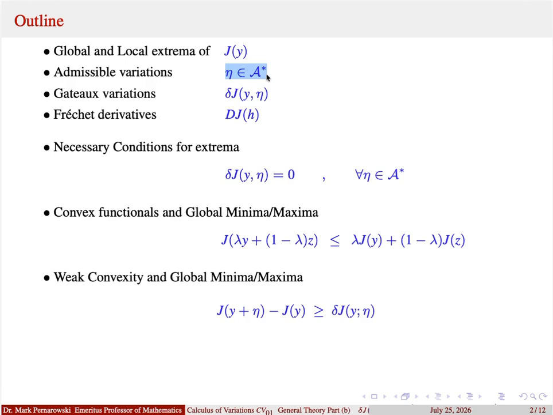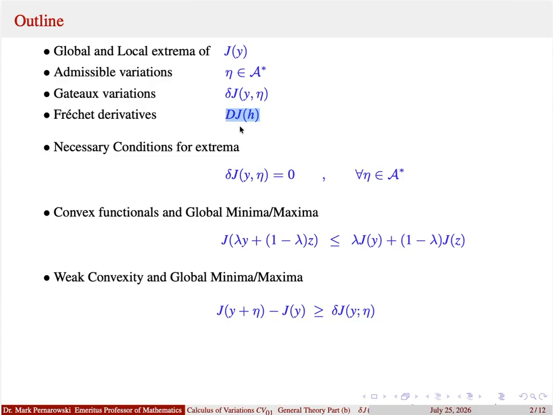So there's a subject on admissible variations. Then there's something called Gateaux variations, which is the generalization of the derivative of a function. For functionals, you get a Gateaux variation. I'll say something briefly about something called the Fréchet derivative. We won't use it, but you should have seen it at least once.